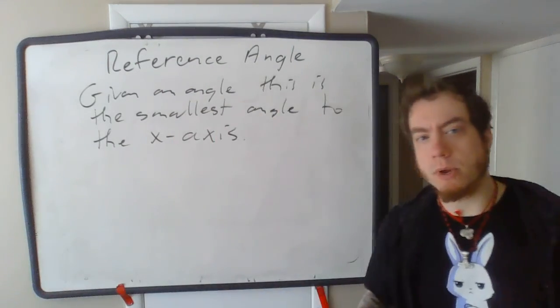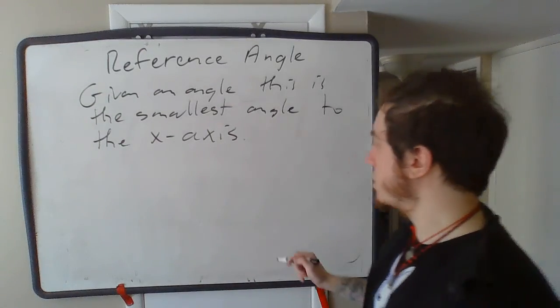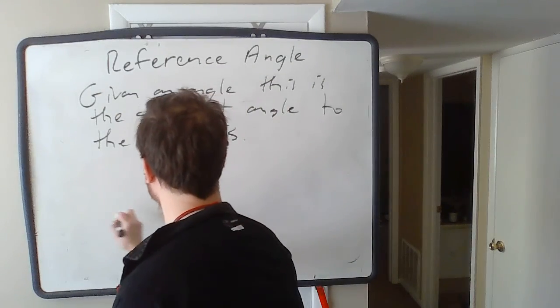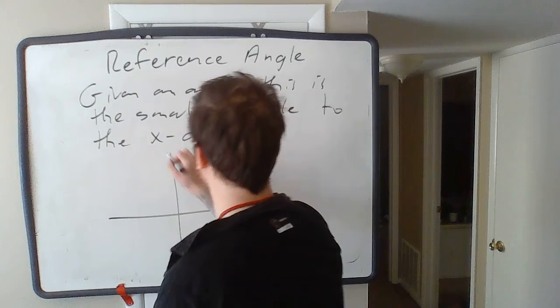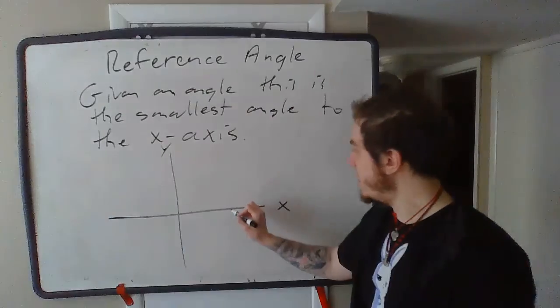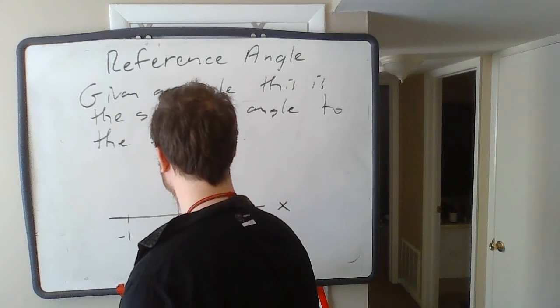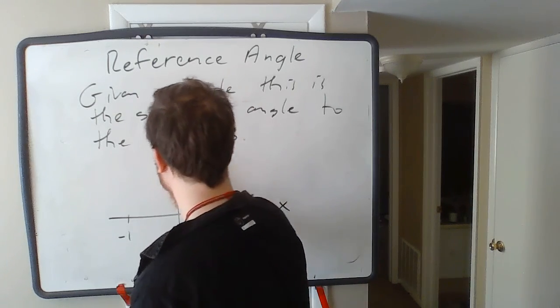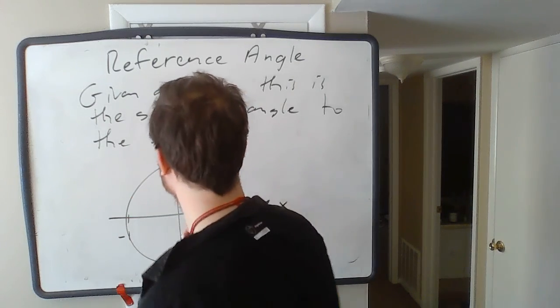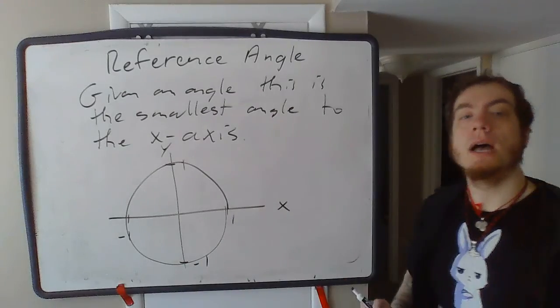So you remember when we were talking about computing different trig functions, we would look at the unit circle because, of course, the trig functions come from thinking about the terminal points on a unit circle. And there's an example of a unit circle, sort of.